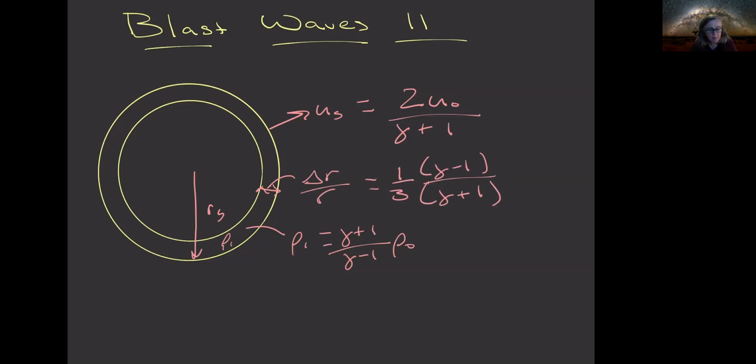So now let's think about the pressure exerted by the shocked gas, which is now hot, and it's pushing out onto the interstellar medium. So we can imagine that there's a pressure just inside the interior edge. So we defined an interior pressure, P1.